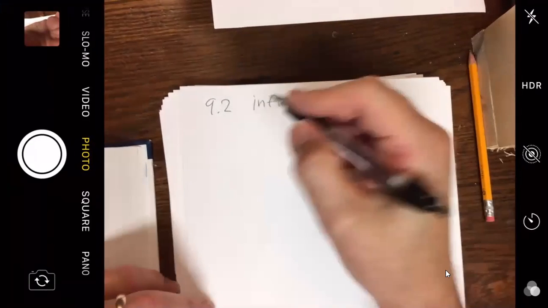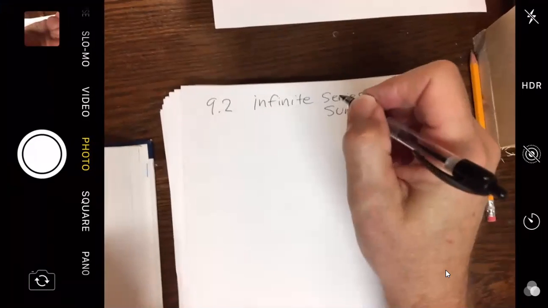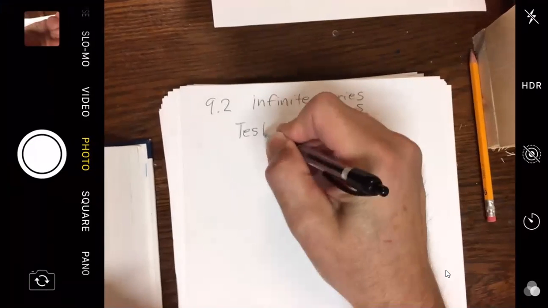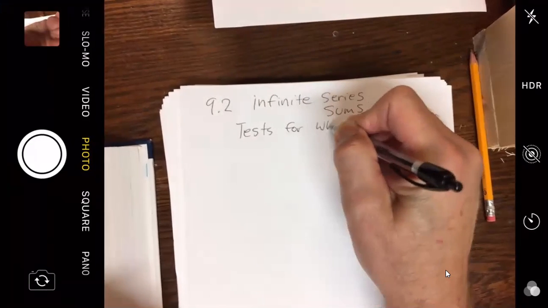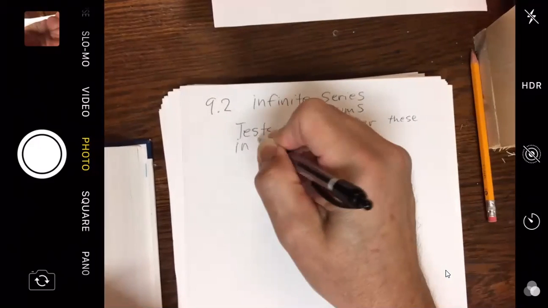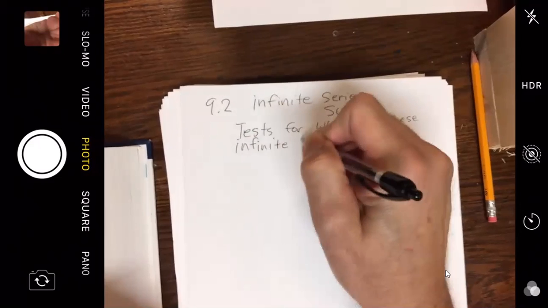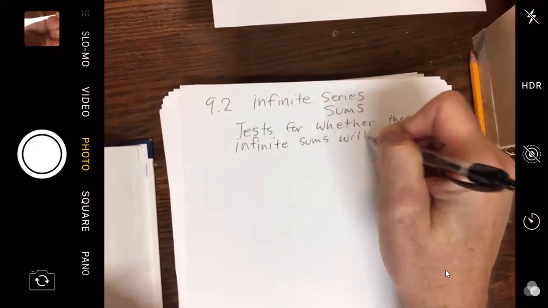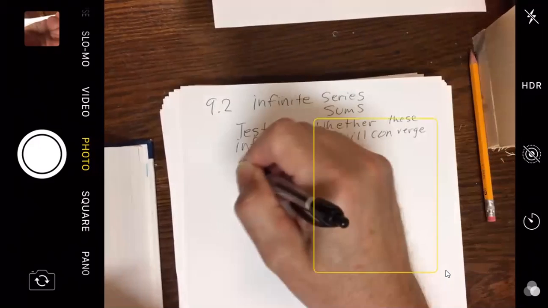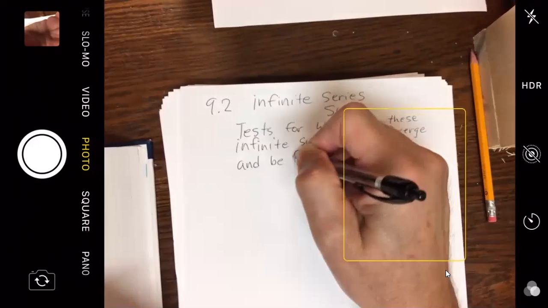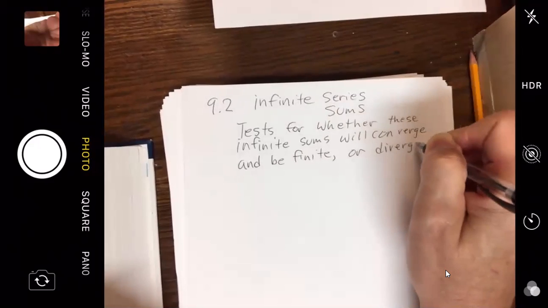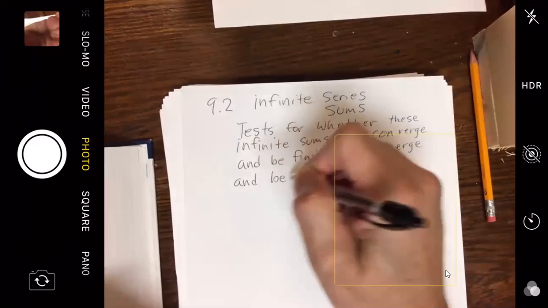And again, the whole chapter, the rest through 9-6 anyway, is about tests for whether these infinite sums will converge and be finite, or diverge and be infinite.